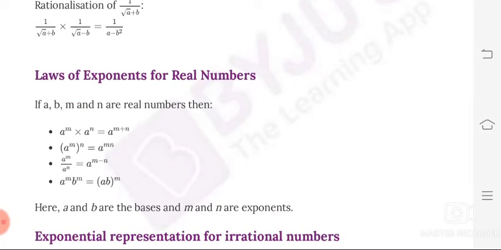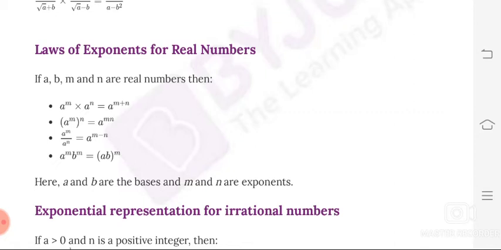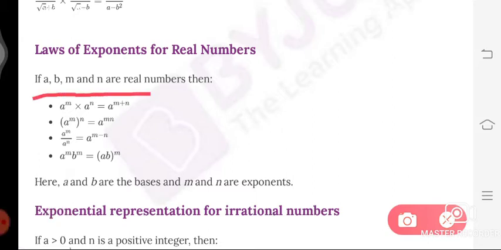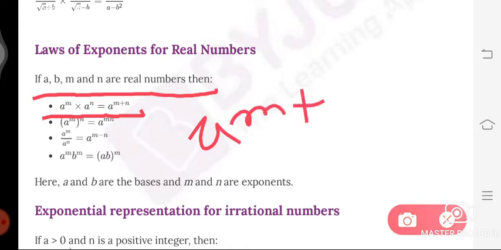Laws of exponents for real numbers. If a, b, m and n are real numbers, then a raised to the power m into a raised to the power n will be a raised to the power m plus n.